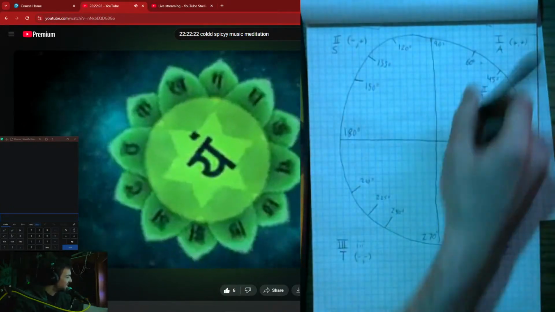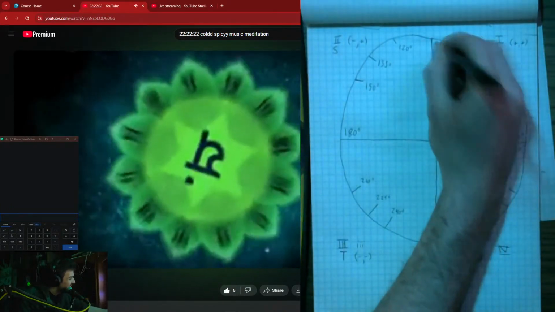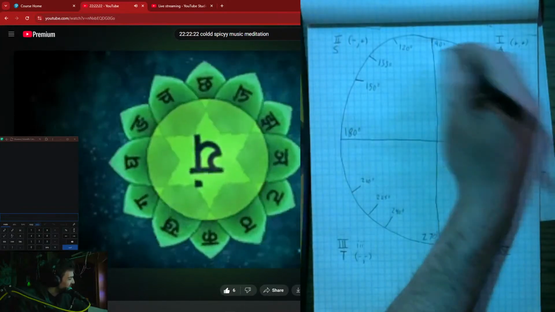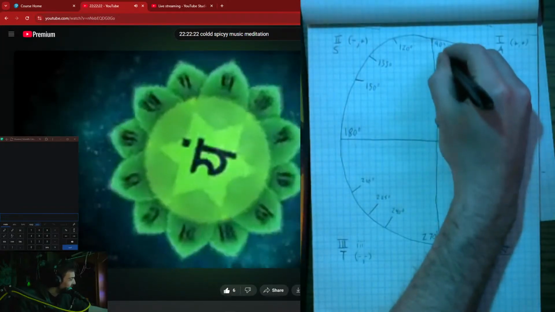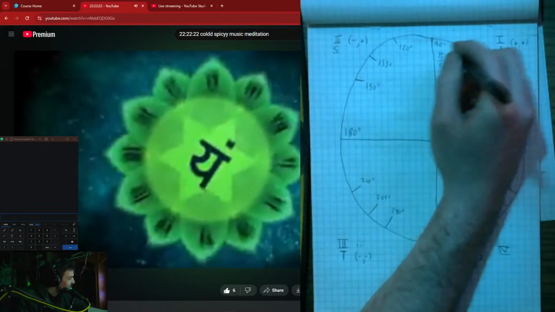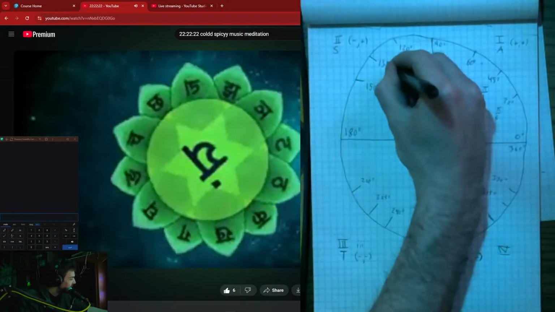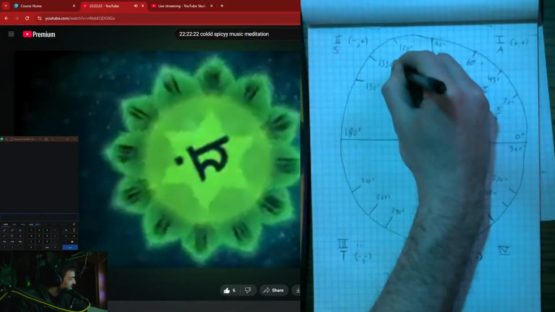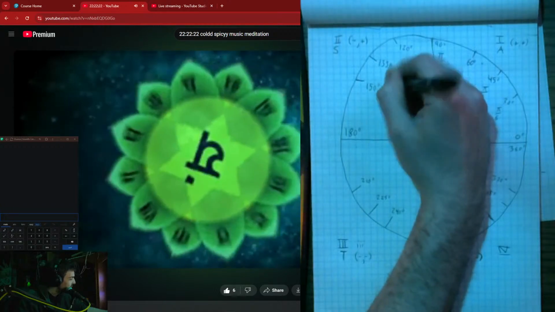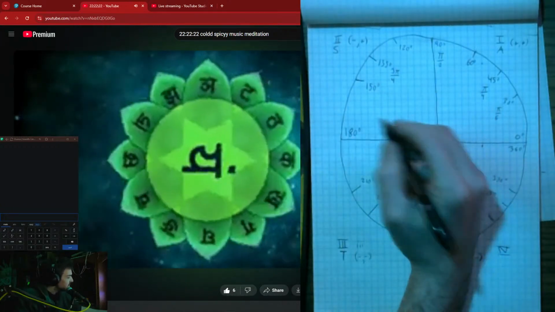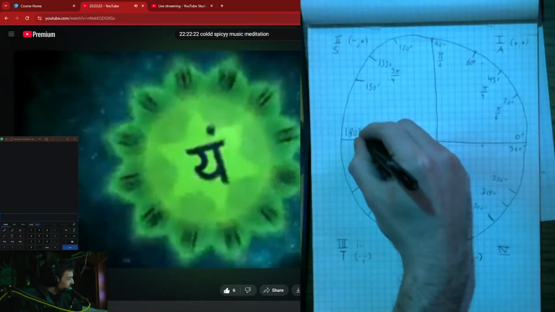So pi over 4. 2 pi over 4 is 90 degrees, which is pi over 2. 3 pi over 4 is 135 degrees. 4 pi over 4 is just pi.